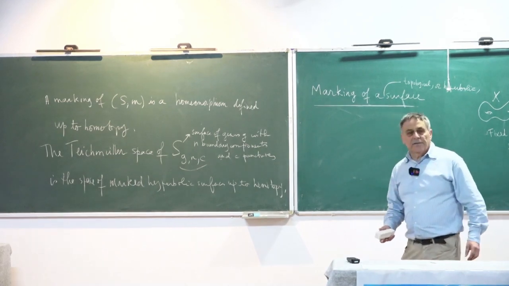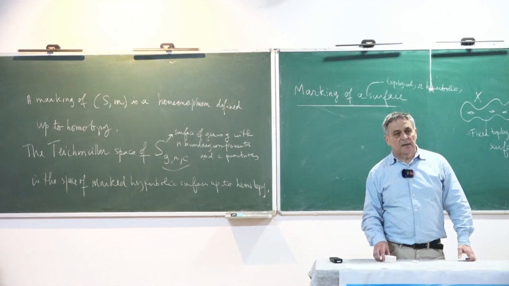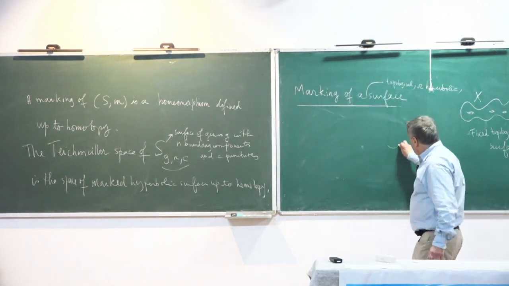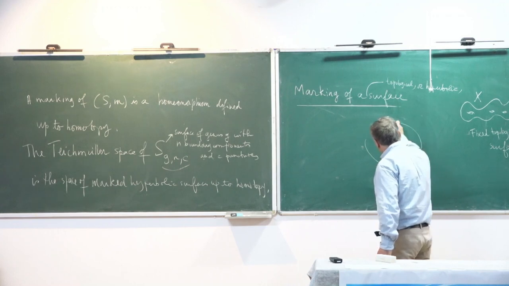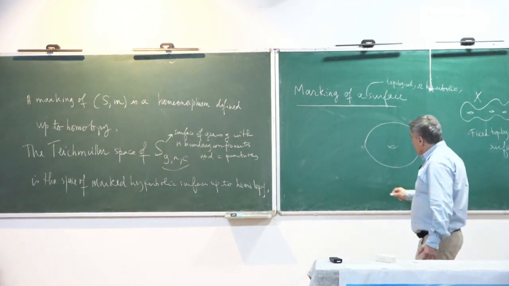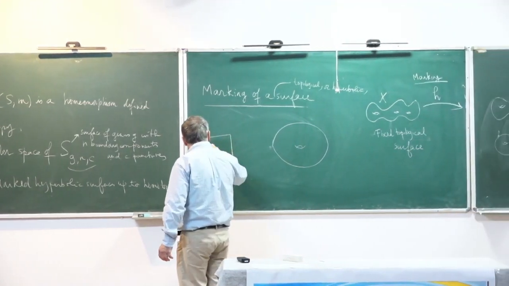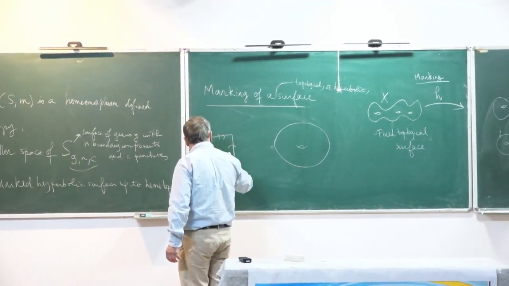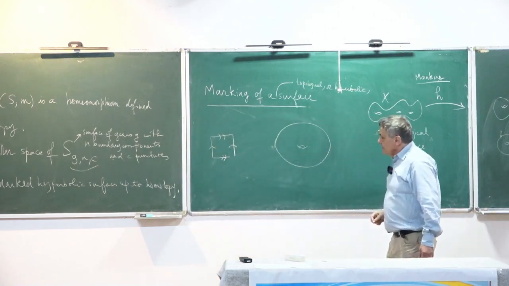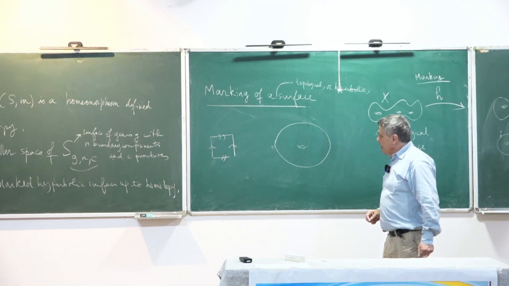You see, if you consider the space of metrics on the tori, and suppose this torus is the quotient of a square of the plane, then okay, I will tell you.